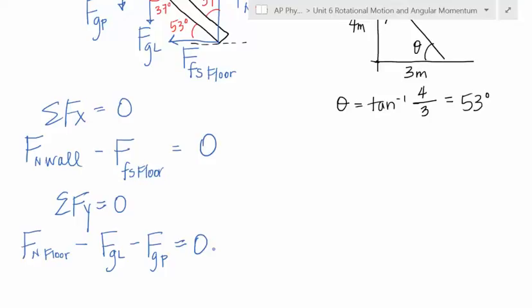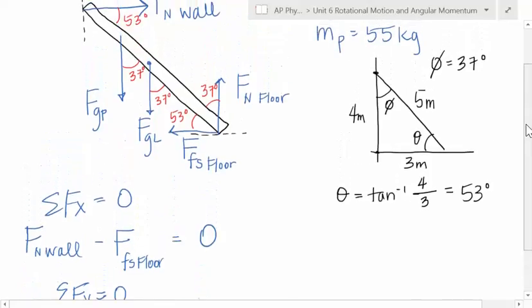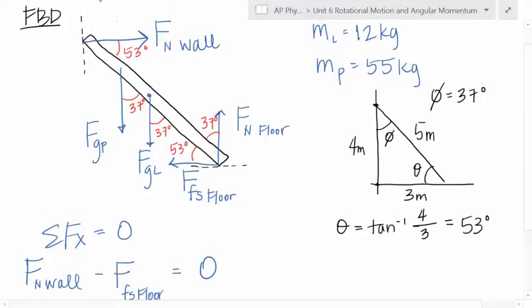And so we need to sum up all of the torque acting on the ladder and set it equal to 0. So let's do that. Now here's the thing, we need some distances. If the length of the ladder is 5 meters, so the whole length of the ladder is 5 meters, then where is the gravitational force of the ladder applied?